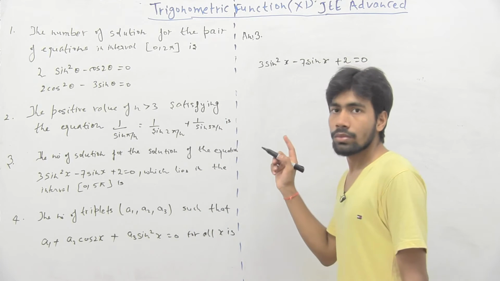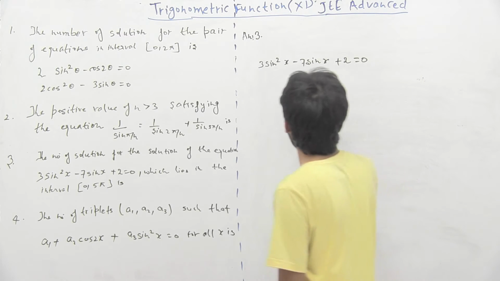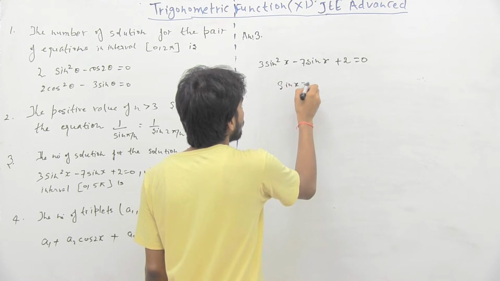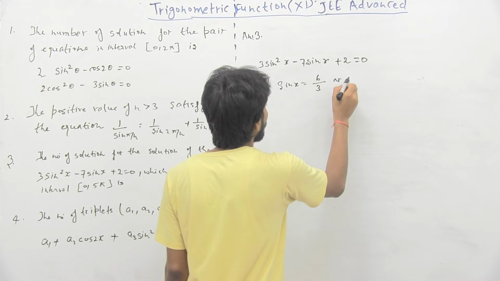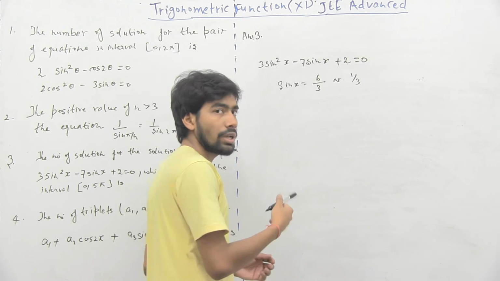So solve this equation: 3 into 2 is 6. So we will have sin x equal to 6 by 3 or 1 by 3. You can solve this equation and you will get the same answer.